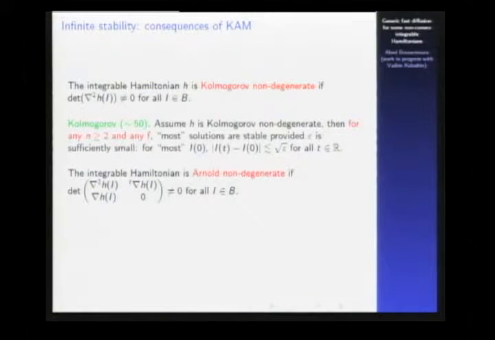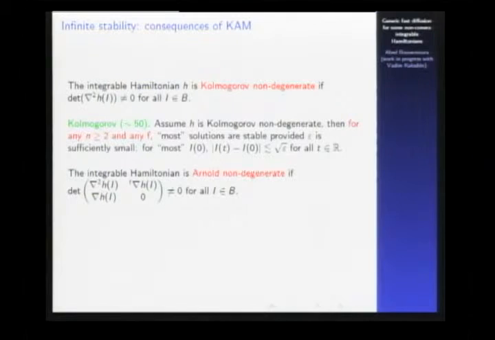So what is this determinant? Here it's an n times n square matrix. Here it's an n plus 1 times n plus 1 matrix. So here is n times n, and here I have a row, and here I have a column. Here I put just 1, 0. Okay?